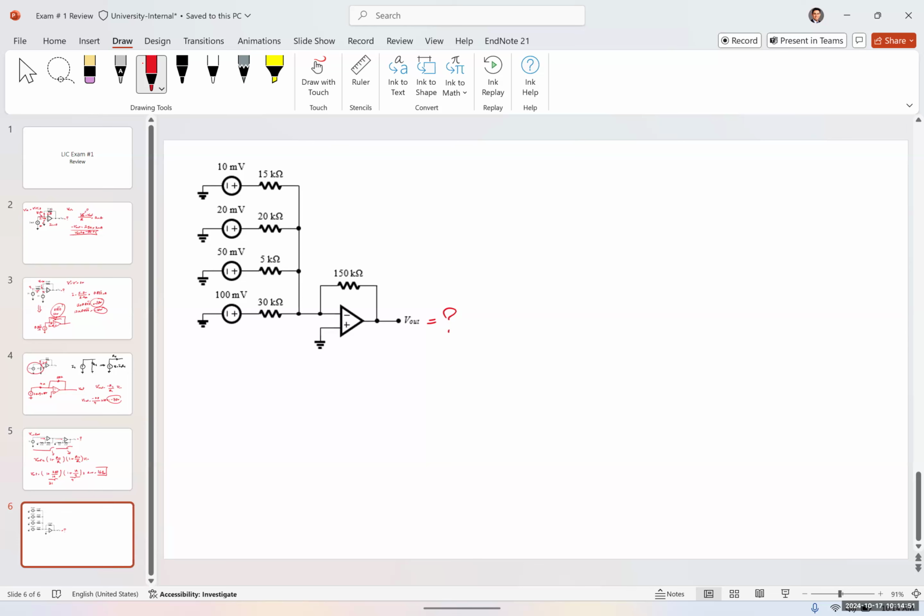Yes. What is the answer? 425 volt. Okay, I think it's correct. I haven't solved it myself, but it seems right.